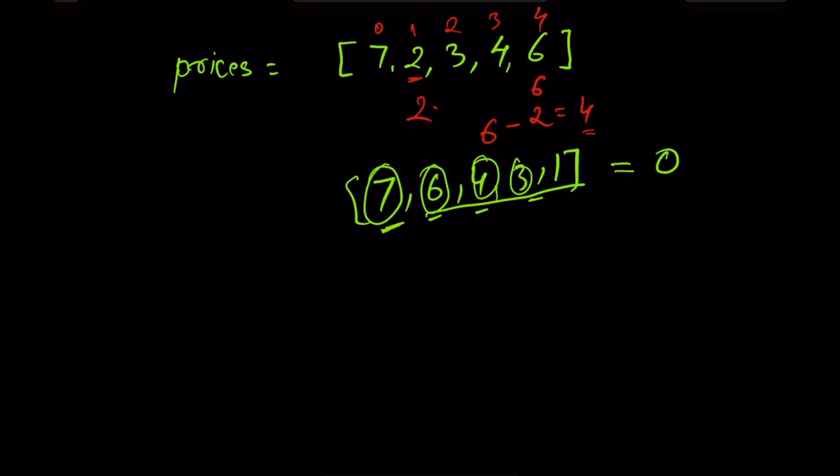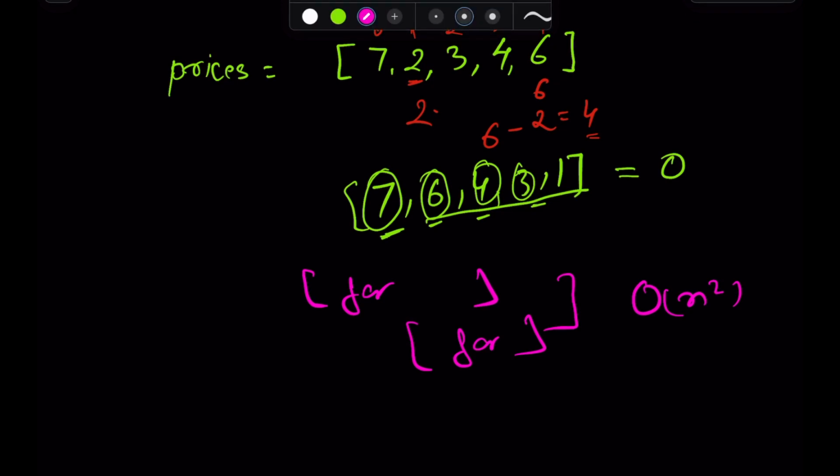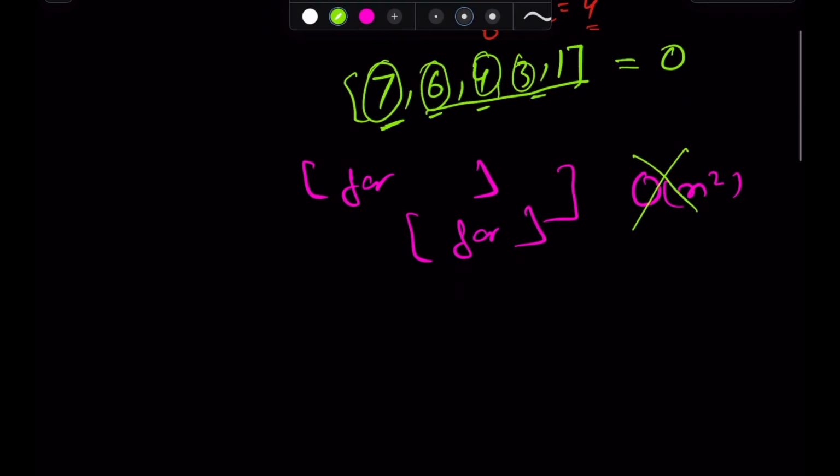The first method to solve this is brute force. You can have two nested for loops and get the answer, but the performance will be O of n square, and that's not very efficient. So we should know the best way to solve this problem.